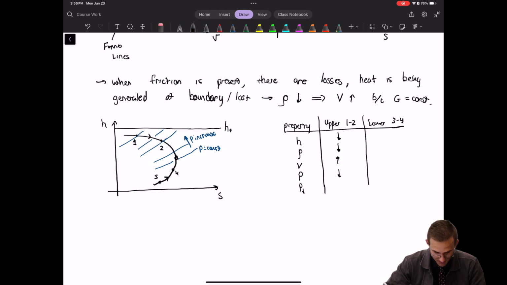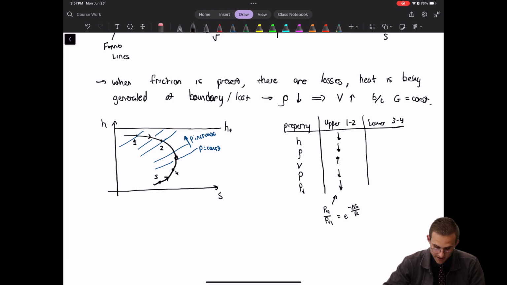And we also know that PT must be going down. The reason for that is that PT2 over PT1 is equal to e to the minus delta S over R, right? We don't have any heat in this case, so this equation still holds, and we know that there must be a stagnation pressure drop as we proceed along this.